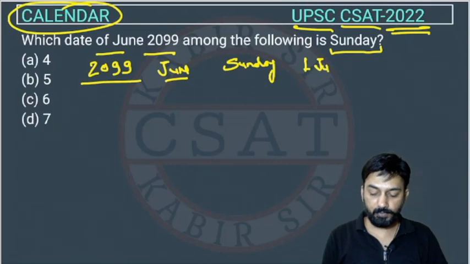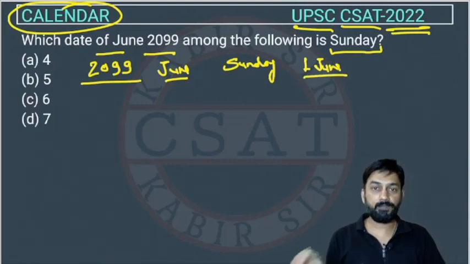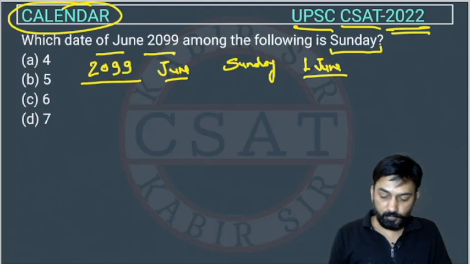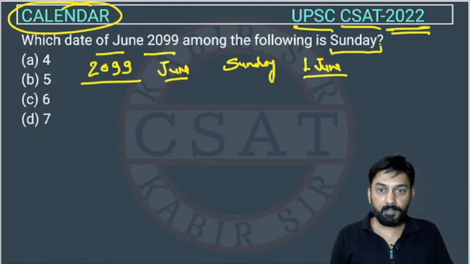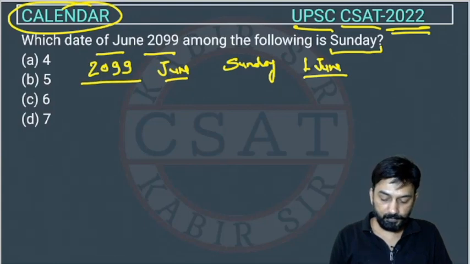So from 1st June we will calculate and accordingly find the Sundays, right? So in the calendar chapter we have to remember the odd days, right? So odd days means, if you see, in a normal year there are 365 days.